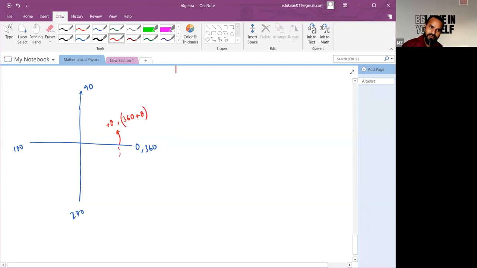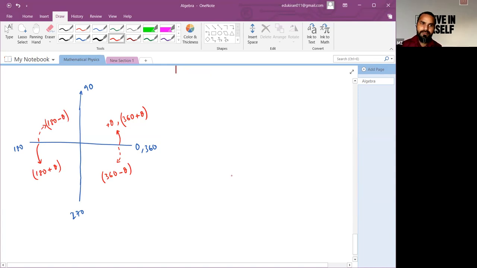Similarly, if you move from this point to this point, you are going clockwise, so in this quadrant the angle would be 360 minus theta. Similarly, from this part, if you move anti-clockwise, it would be 180 plus theta, but if you move clockwise, it will be 180 minus theta.